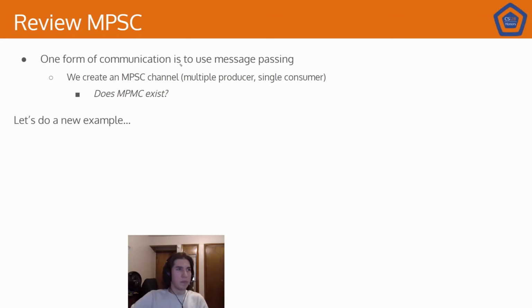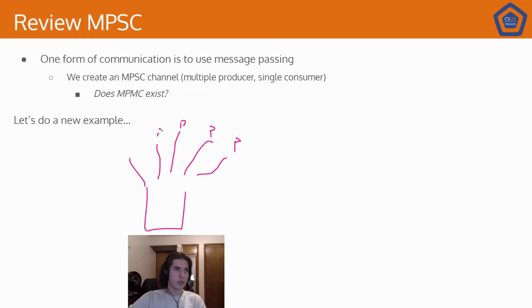Okay, so we want to remember this idea of message passing, right? We have one consumer and potentially many producers, right? And when we create a channel, basically all we're saying is, okay, let me start listening and send some information over.